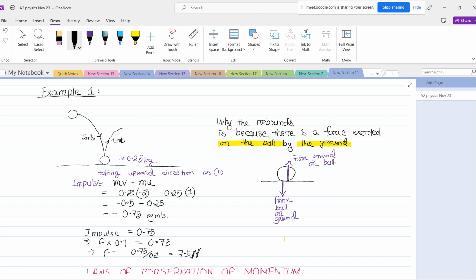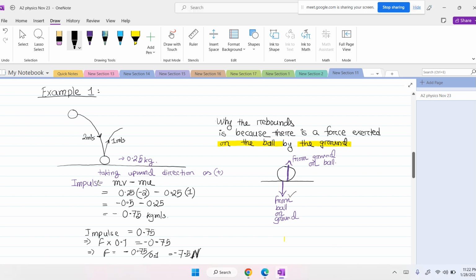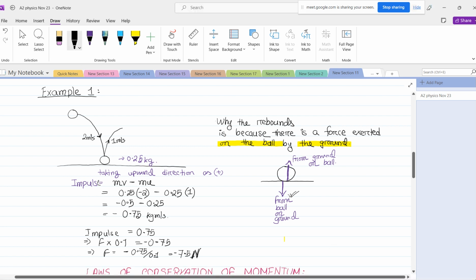Now again, if you take the negative signs into consideration, you have negative here, and negative here. Why is the value for impulse negative here? Because when you calculate with reference to force, you are only involving the force exerted by the ball. The ball exerted a force on the ground in the downward direction, so obviously it will give you a negative value.